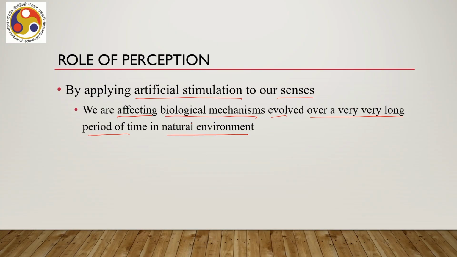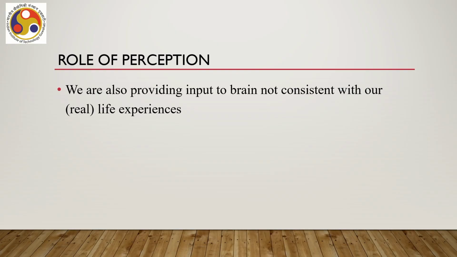But when we are applying artificial stimulation, we are affecting that biological mechanism that has been learned over a long period of time, and how well we are able to fool that system decides how good the overall virtual reality experience will be. In fact, by trying to do so, we are also providing input to our brain not consistent with our real life experiences.